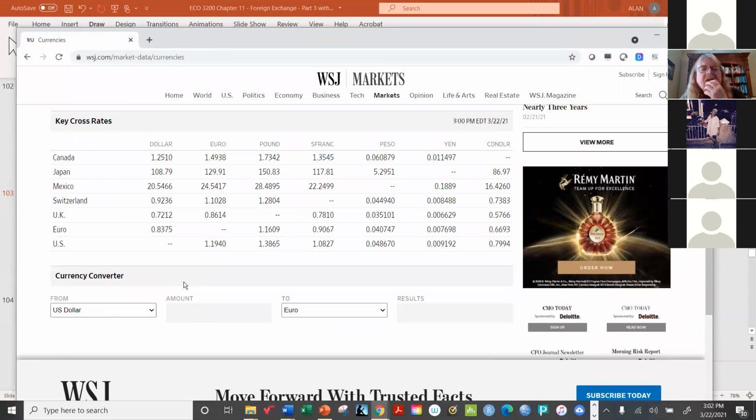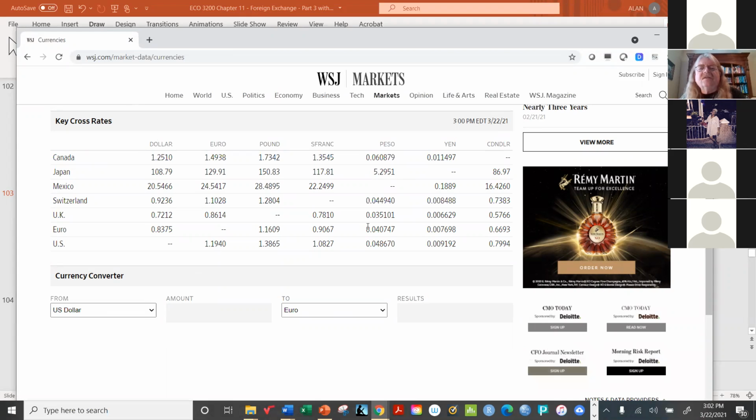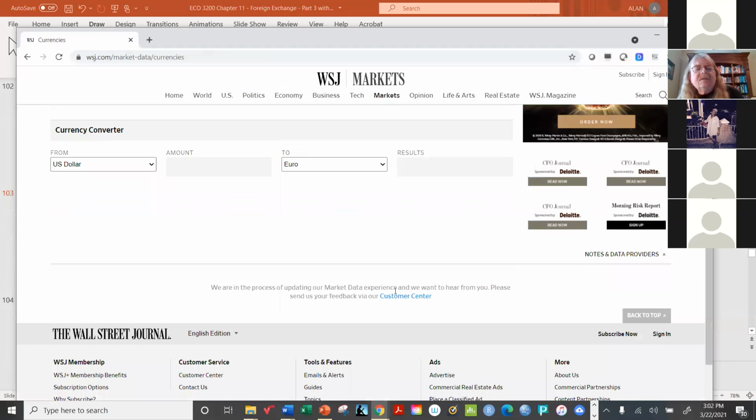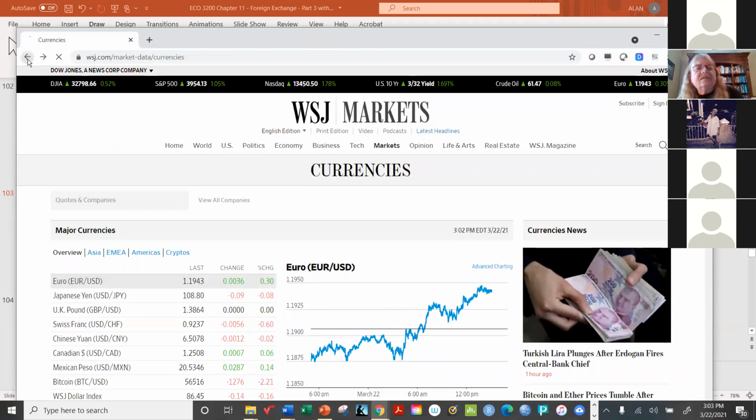Oh, wait a minute. No, these are cross exchange rates. I don't want these. It's kind of nice of them to do this for us, though, I must say. Like for example, here you can see very quickly and easily, it takes 1.7344 Canadian dollars to buy a pound. That kind of thing is very helpful. But I was hoping to find some forward exchange rates.